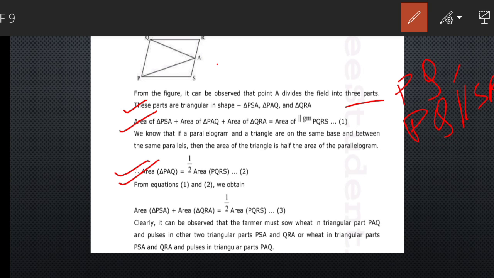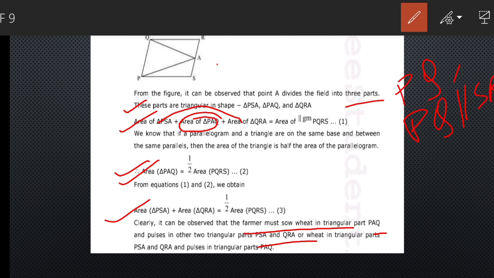Now from equation 1, if we substitute PAQ with half of PQRS, the rest of the triangle area should be equal to half of the area of PQRS. So the farmer must sow one part with pulses and the other two parts with wheat, or vice versa.